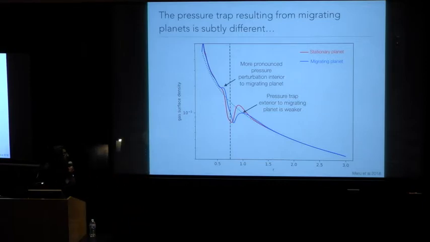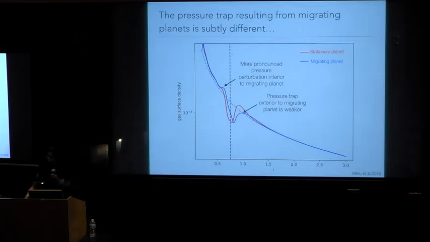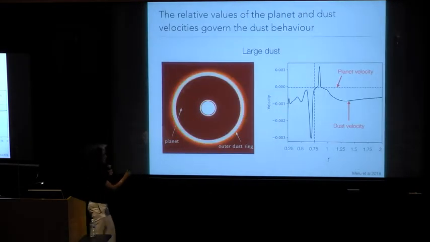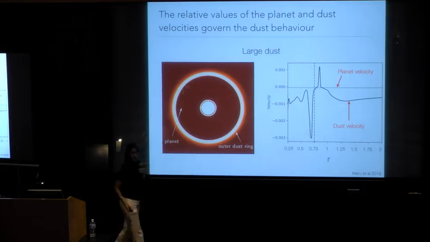What you see here is that it's always a negative pressure gradient, so the dust is always moving inwards. It doesn't actually ever get trapped, but it just slows down at this point of inflection here. Now, all the dust slows down, but because the large dust is moving faster, it continues moving into the inner part of the disk and just ends up draining onto the central star.